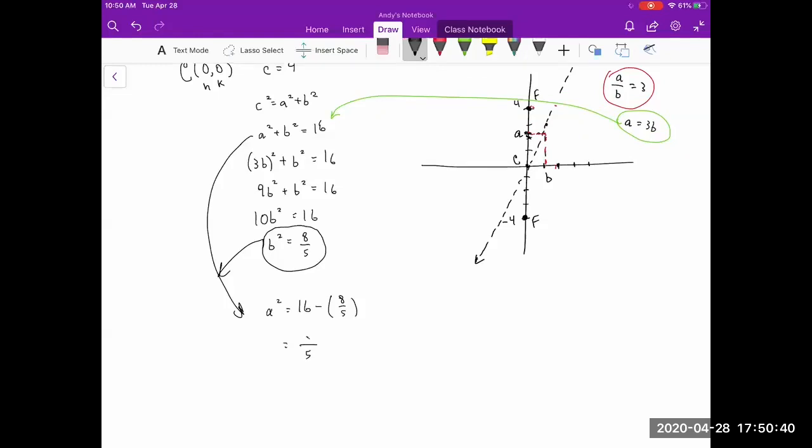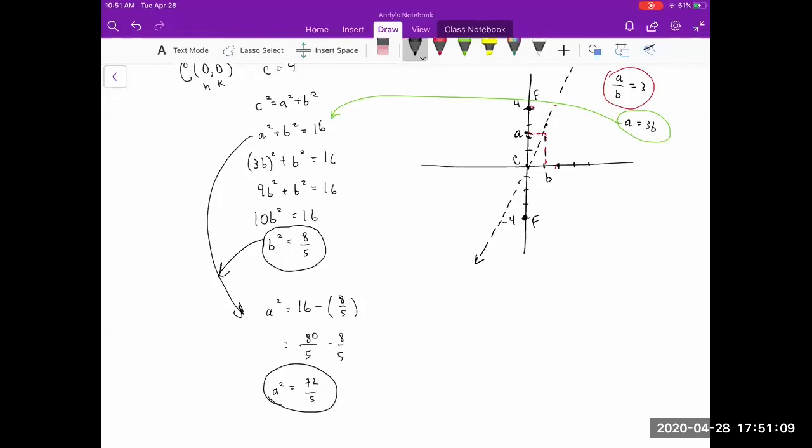So 16 is actually 80 over 5. I'm just writing 16 as 16 over 1 multiplying top and bottom by 5. And that minus 8 will be 72 over 5. Perfect. So that was a little bit of work. Kind of concerned I went too fast there, but I think that's okay.